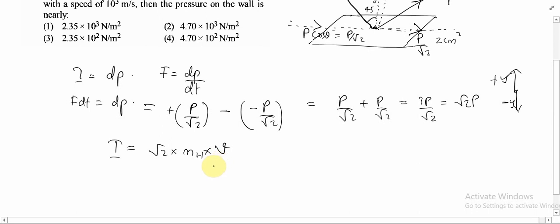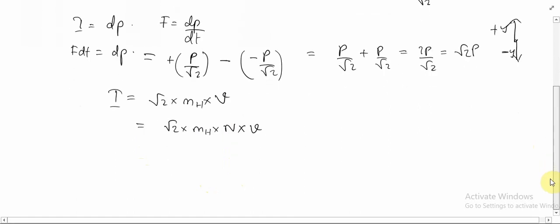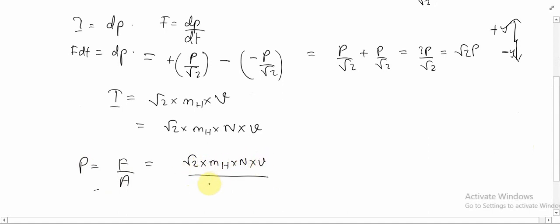Since there are n number of molecules here, the total impulsive force will be root 2 into mh into number of molecules into velocity of each molecule. Now we have to find the pressure. Pressure is given by force by area. So the impulsive force is root 2 into mh into n into v divided by the area, which is given as 2 centimeter square.